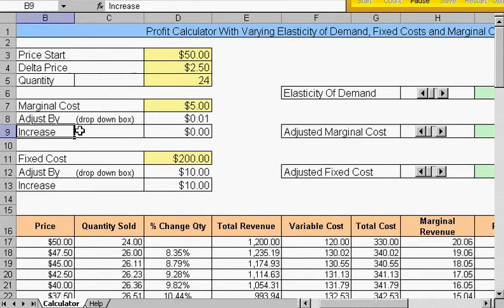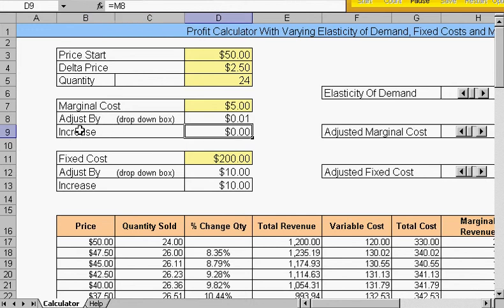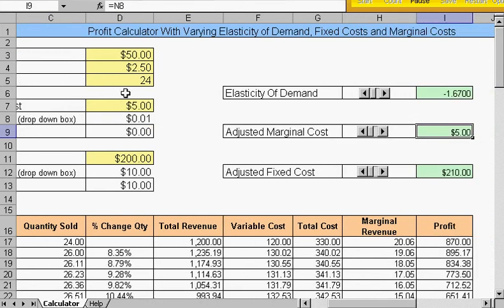We can increase it by a penny. So we're going to leave it at 0. When the slider is all the way to the left, we have no adjustment, increased by 0. So these two figures will be equal.